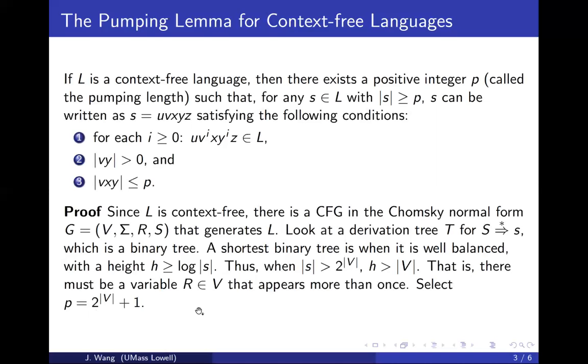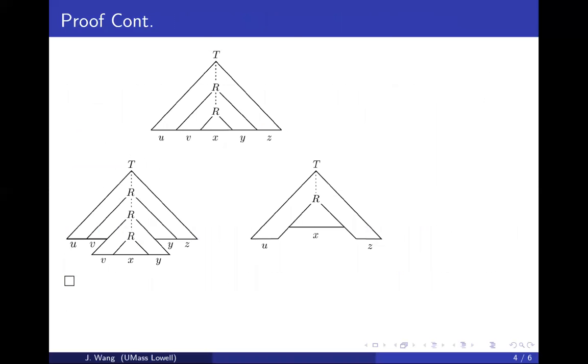Let's make sure the derivation tree for any input s is tall enough. Again, this is the picture we saw. And this is VXY, as long as this part is long enough. We know that from R to R here, because it's in Chomsky normal form, it must generate something, right? So you must generate something.